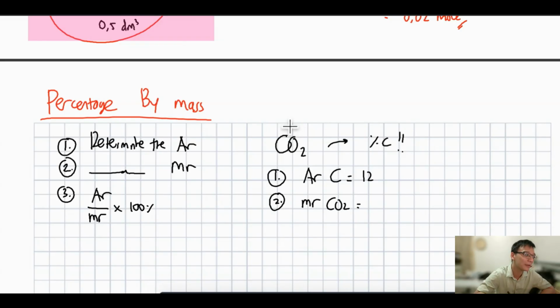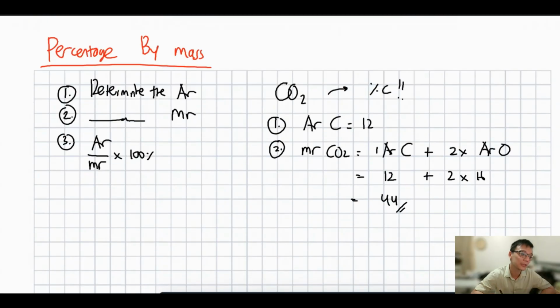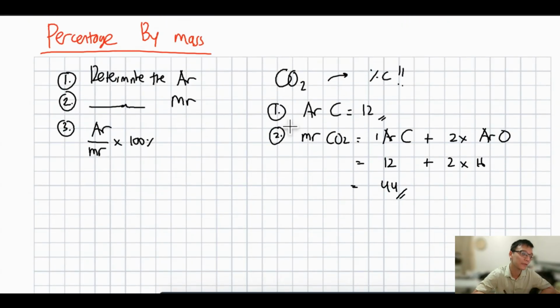Second, determine the molecular mass. So one carbon atom plus two oxygen atoms: 12 plus 2 times 16 becomes 44. Finally, in order to find the percentage by mass, we divide and multiply by 100%.